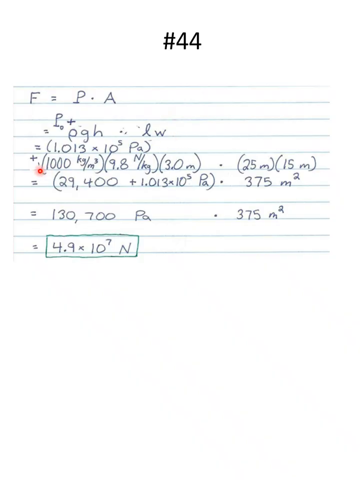It's fresh water, so it's a density of 1,000 kilograms per cubic meter. And what we've got here in parentheses is the total pressure, that produced by air plus produced by the water itself, times the area of the pool, 375 meters squared, and we end up with 4.9 times 10 to the 7th newtons.